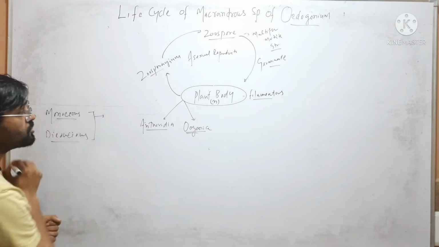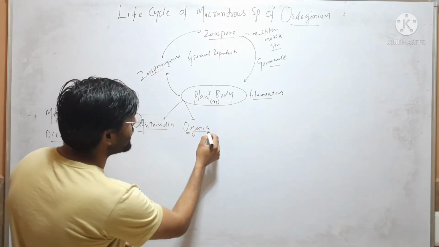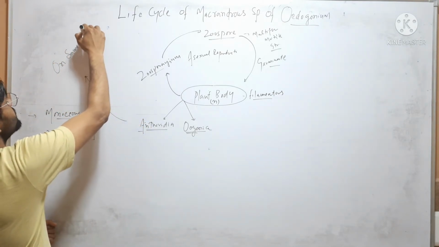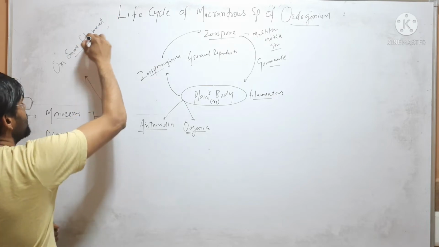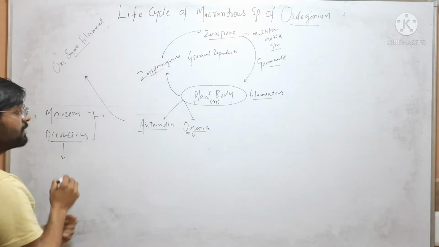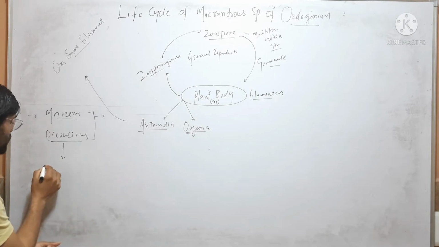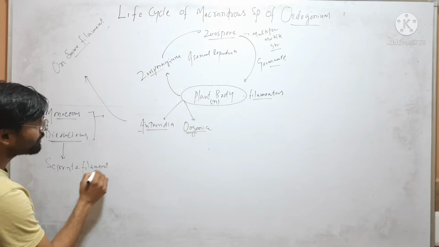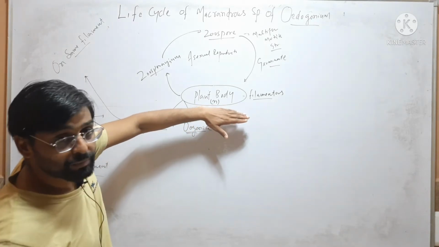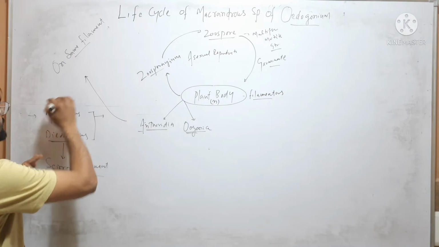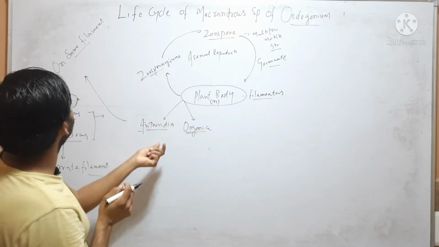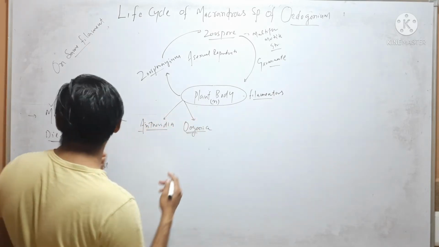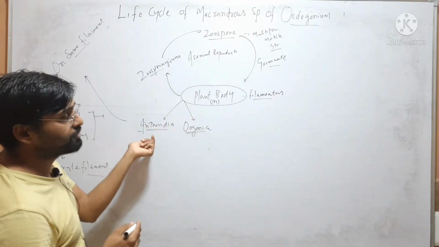If the species is monoecious, then both antheridia and oogonia are formed on the same filament, on a single filament. If it is dioecious, then antheridia and oogonia are formed on separate filaments, that is, a different filament for oogonia and a different filament for antheridia.